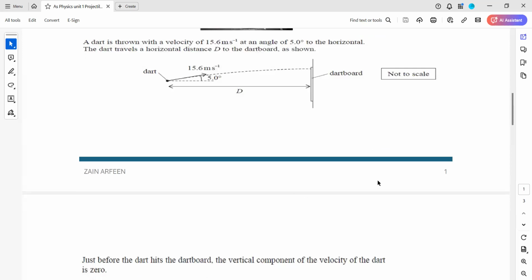So here the velocity, it is launched at a velocity of 15.6 meter per second.